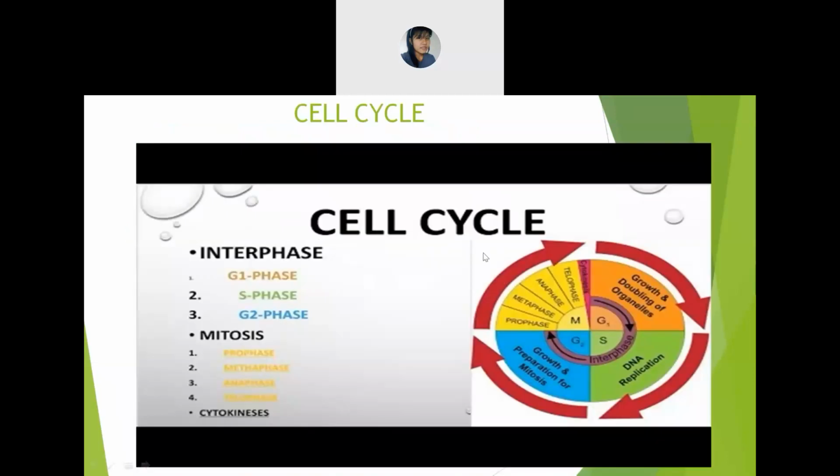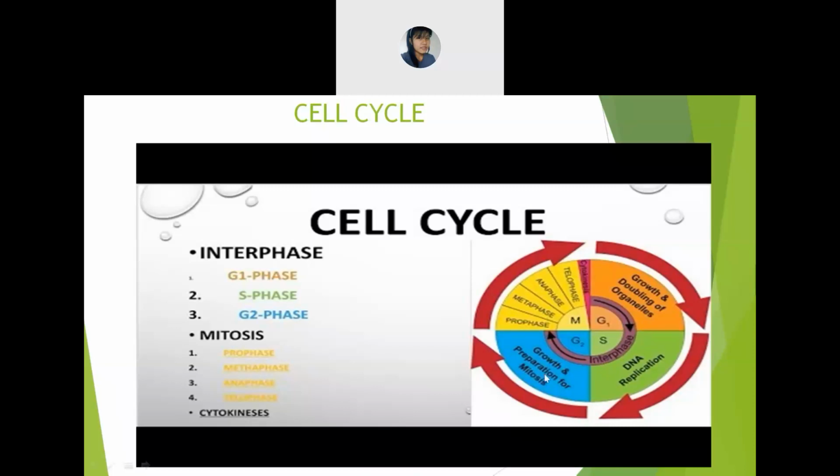I hope you can see this, everyone. Are you able to see? So this is the cell cycle, this is how it occurs. Interphase is the first phase in the cell cycle. It is written here, interphase.